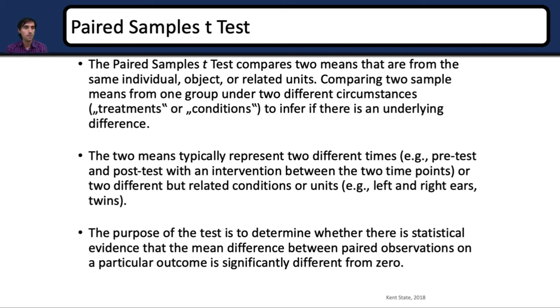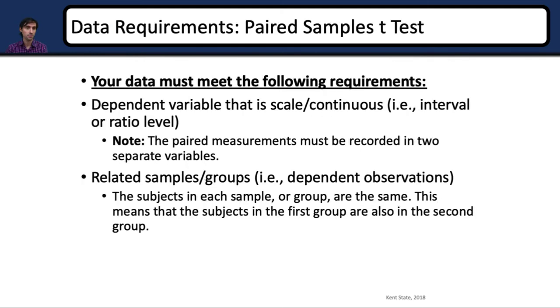Those are actually very common, and the purpose of these is to decide whether there is statistical evidence that the mean difference between the two pairs made a significantly different outcome from the first to the second.